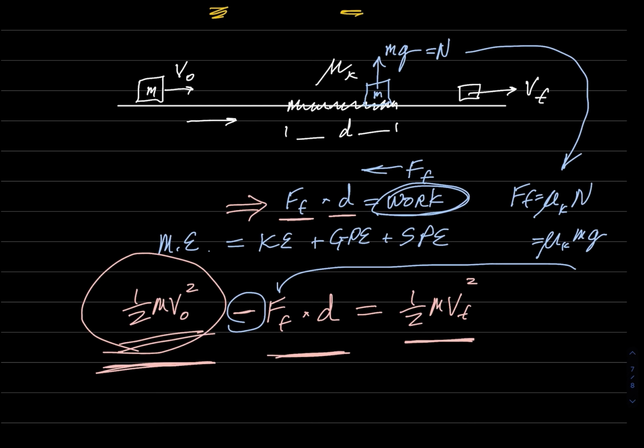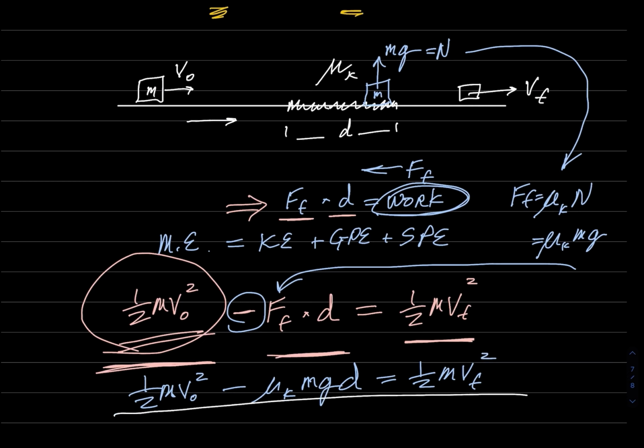And that times d lets us write 1/2 m v sub naught squared minus mu sub k mg times d equals 1/2 m v final squared. And this should just make perfect sense to you. And if you want to do the algebra and come up with an equation that says v final equals, you can go ahead and do the math if you like.